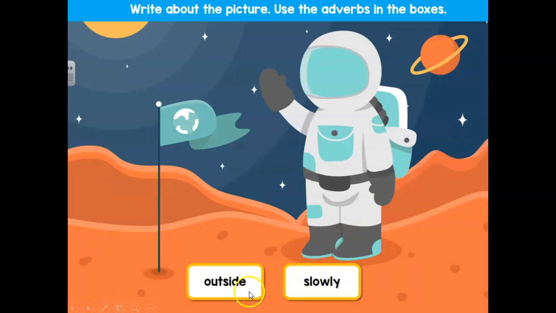And now we have outside and slowly. So he is now outside of what? The spaceship.